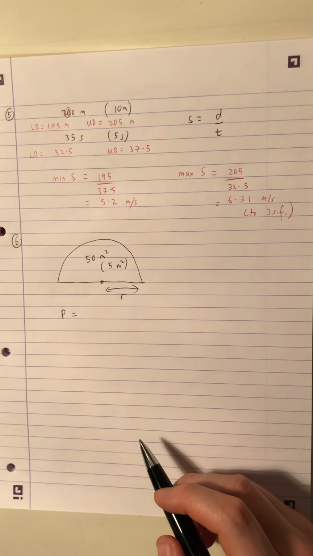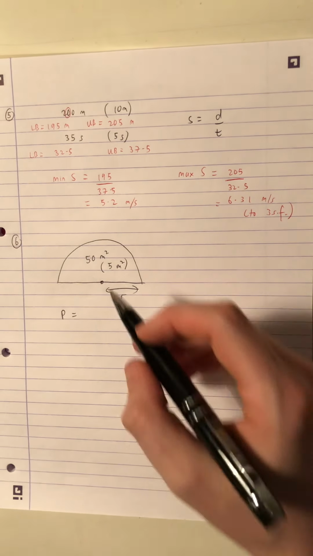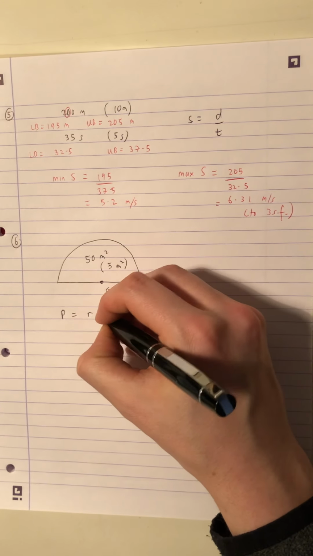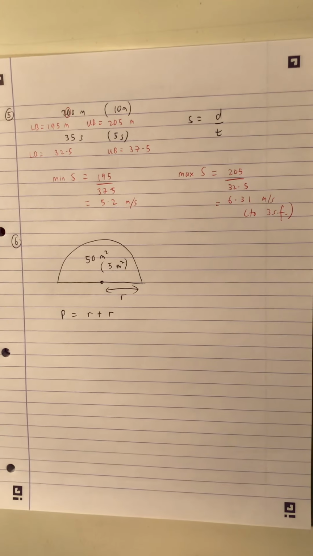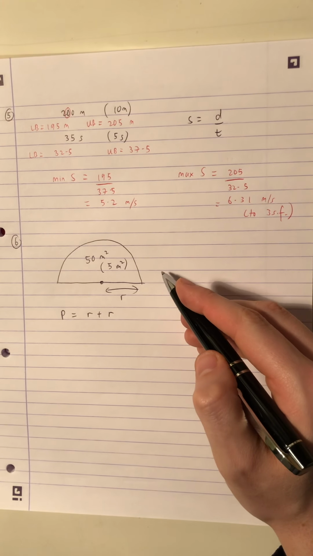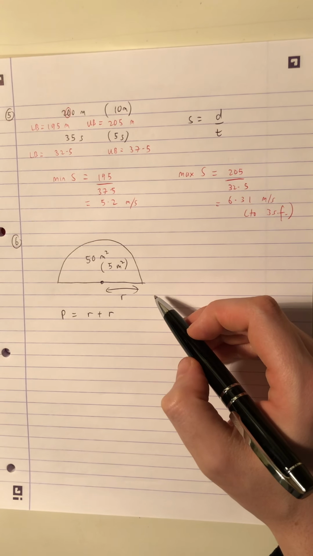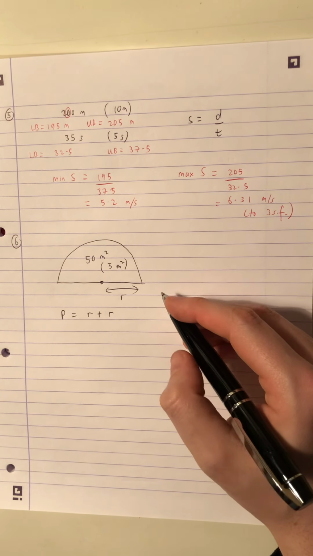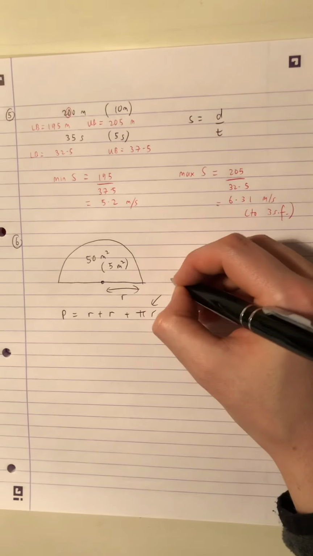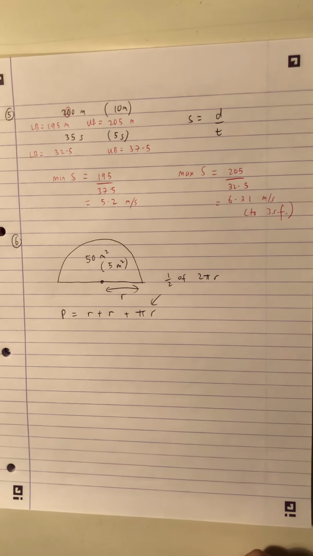Now, obviously you've got two radiuses, so R plus R. But you've got the curved part, which is half the circumference. So if the entire circumference is 2 pi r, you want half of that, so you just add in pi r. So that bit there is a half of 2 pi r.